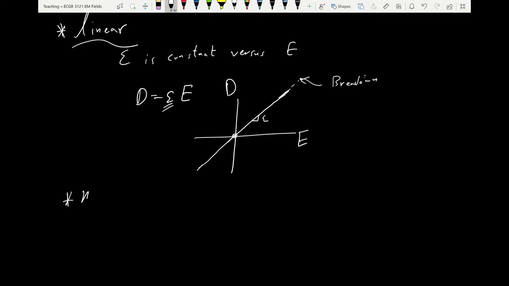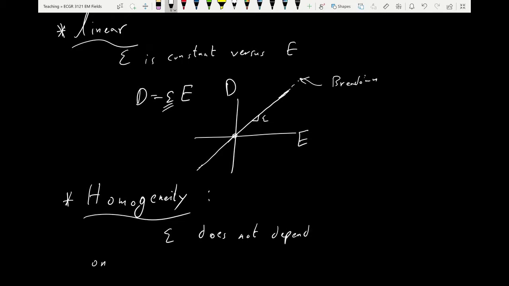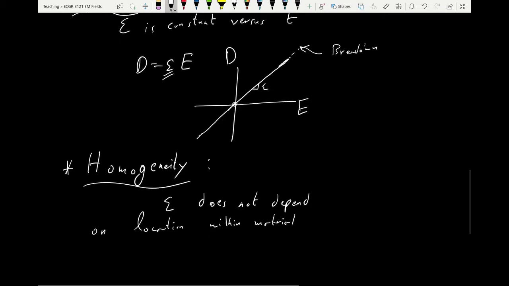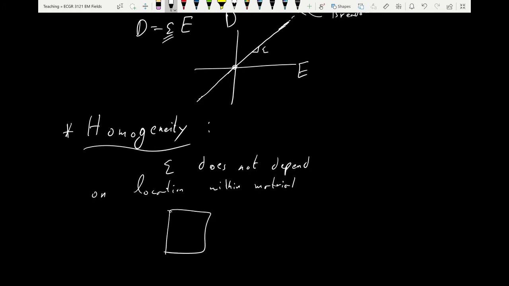Homogeneous. What's homogeneity? Homogeneity means that epsilon does not depend on location within the material. It doesn't matter where the electric field is. Like this cube is a material. It doesn't matter if the electric field is at this point, or this point, epsilon is going to be the same.